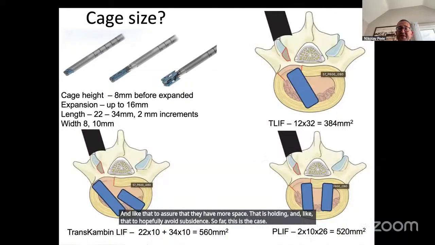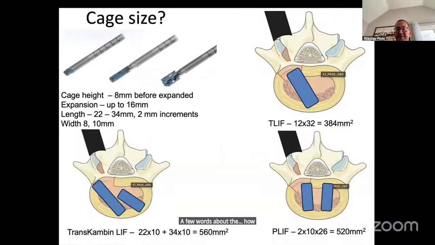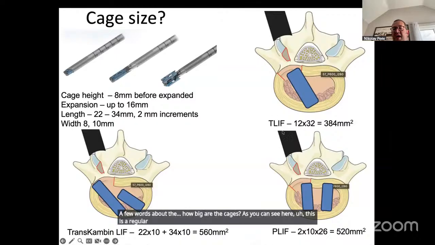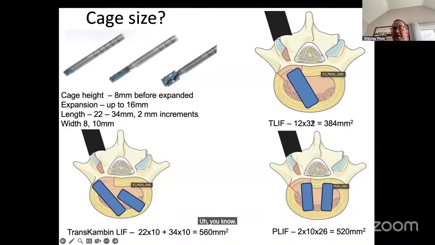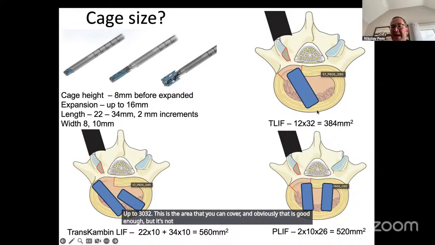A few words about how big the cages are. As you can see here, this is a regular situation in a TLIF scenario. You can see that usually the TLIF cages can be 10 to 12 millimeters, up to 30, 32. This is the area that you can cover, and obviously that is good enough, but it's not a massive area that is covered. With the PLIF, because you use 2 cages, you have a little bit better situation.